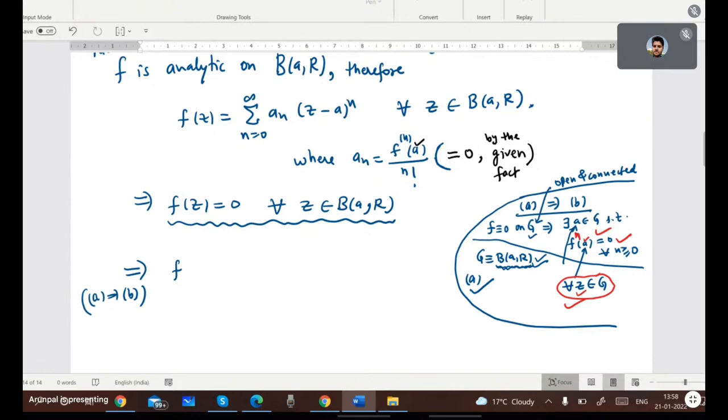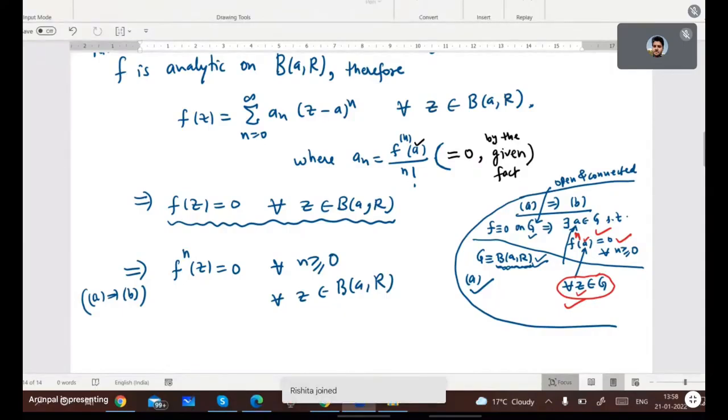That's a different thing. So it means, class, I can say that f^(n)(z) will be 0 for all n greater than or equal to 0 and for all z in the ball B-bar. Is this okay, class?